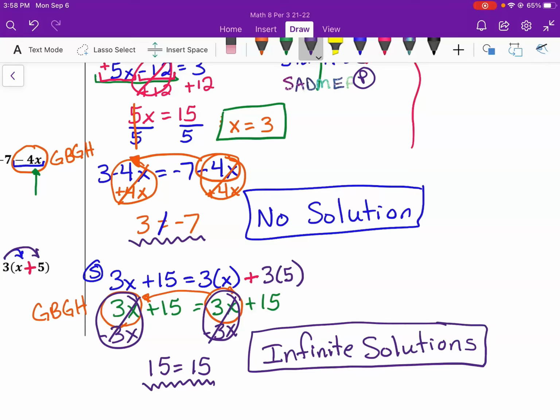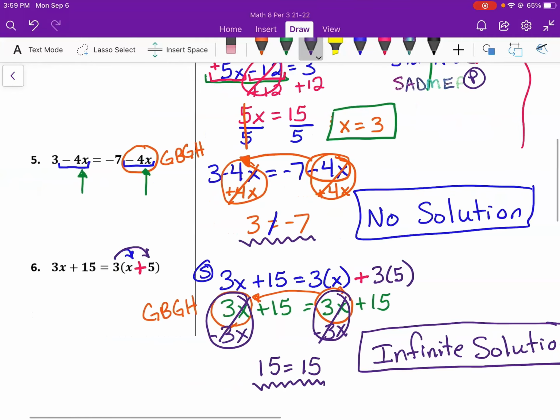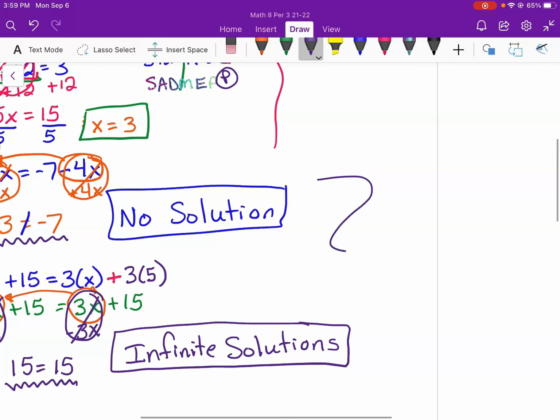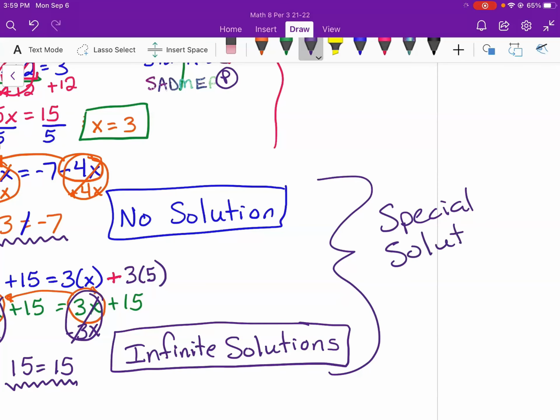So in this one, it's infinite solutions. So it doesn't matter what you plug in. If you plug in 9, you'll get 60 on both sides. If you plug in 1, you'll get 18 on both sides. Whereas if you try that up above on number 5, it will never work. Okay, those are your special solutions.